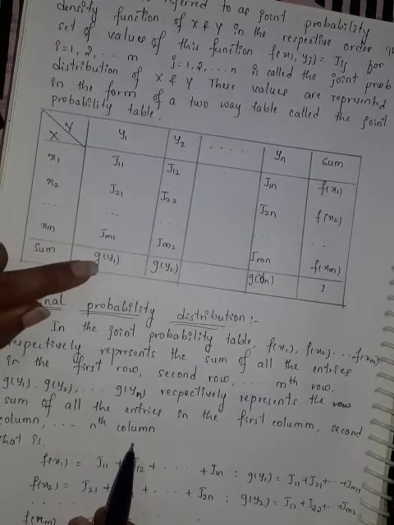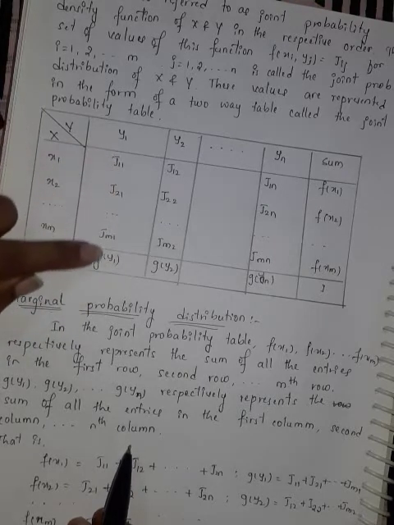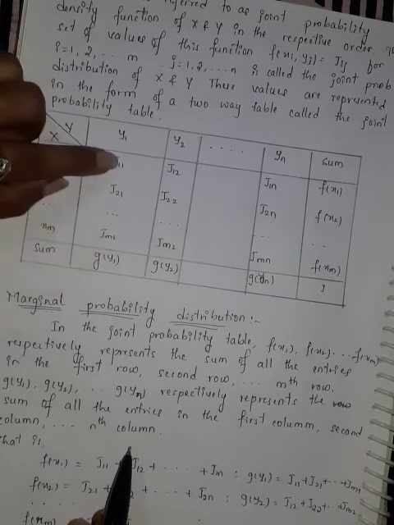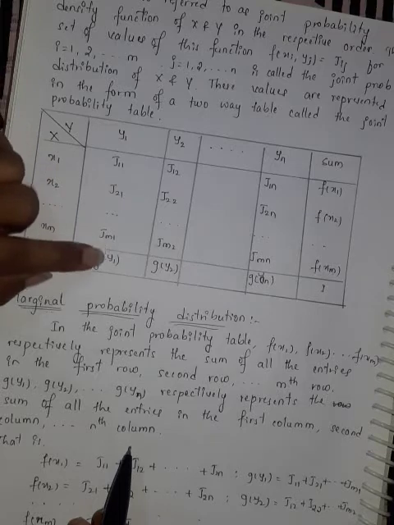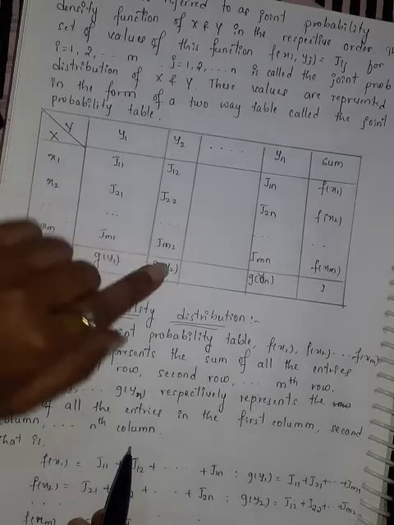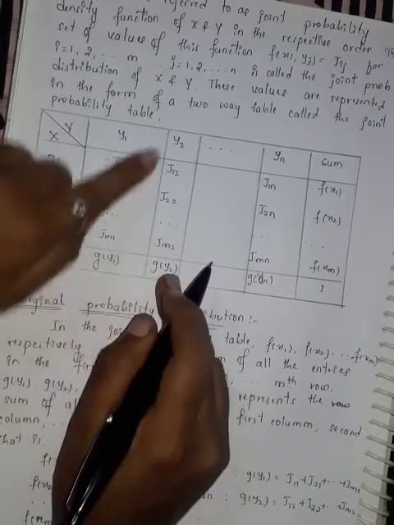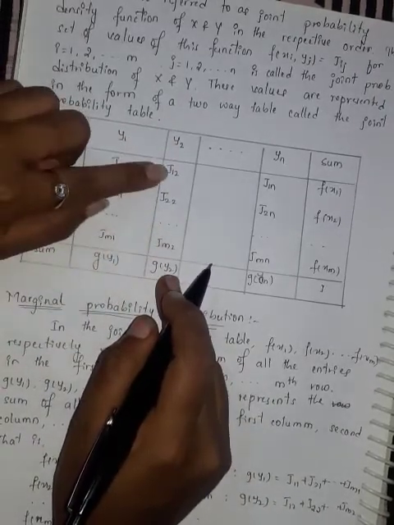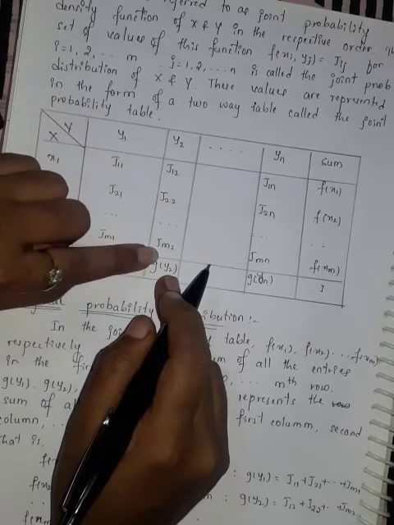So g(y1) represents the sum of all entries in the first column, that is J11, J21, J31 and so on up to Jm1, and g(y2) gives the sum of all entries in the second column, that is J12 plus J22 up to Jm2.